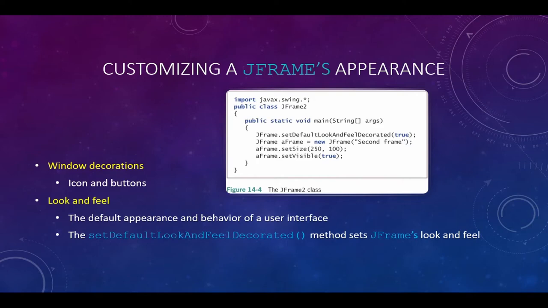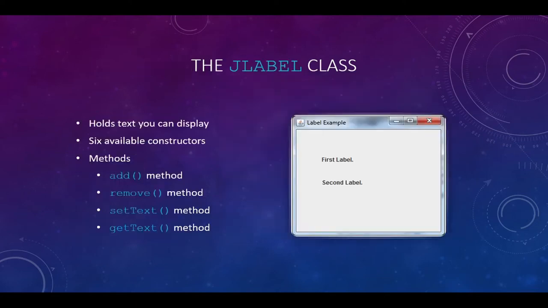For example, the big difference that most people notice is that your minimize, maximize, and close buttons are on opposite sides. It's on the right for Windows, it's on the left for iOS. Using this setDefaultLookAndFeel, it will take whatever the default is and give you that operating system look and feel in the end.